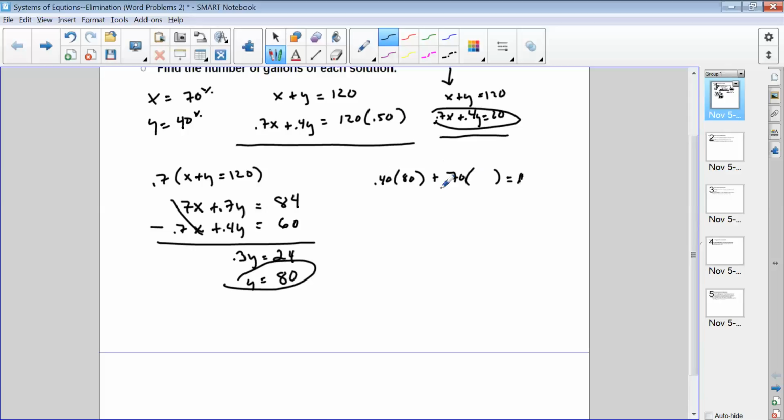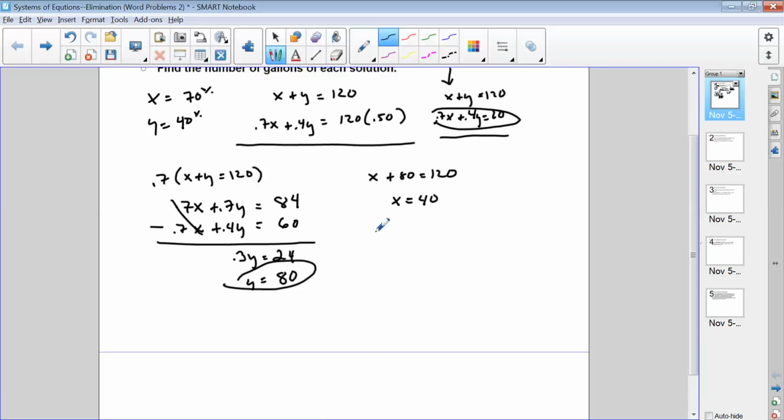Just running out of room there. So I need to solve for X: I've got X plus 80 equals 120, and X should be 40.